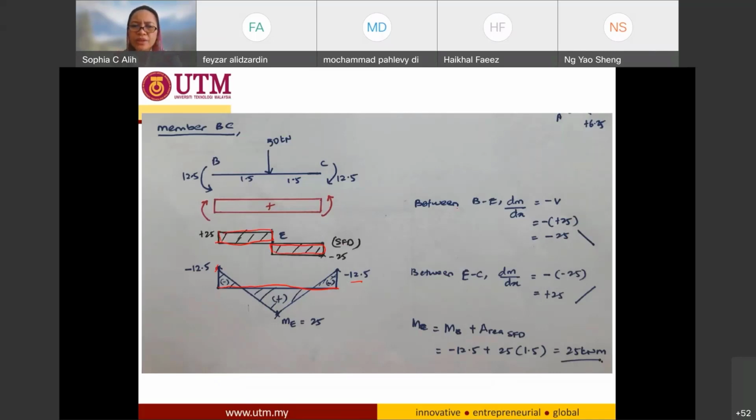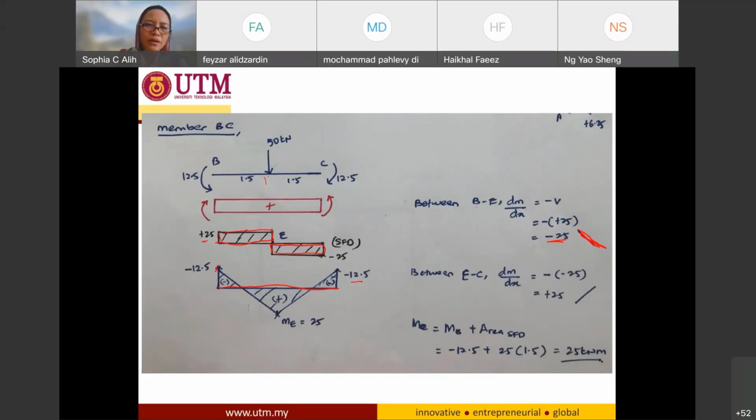I knew between point B and E, the slope is going to be dM over dx equals negative V. And since my shear force here is positive 25, I will have negative times positive 25, so I will have negative 25. So the slope is going to be pointing downward between point B and E.